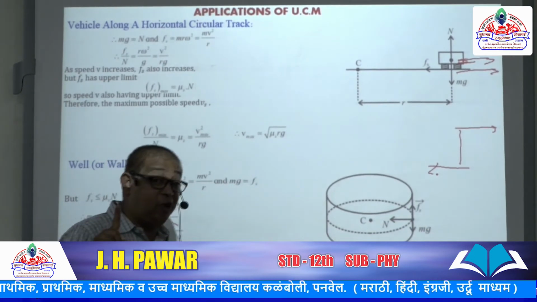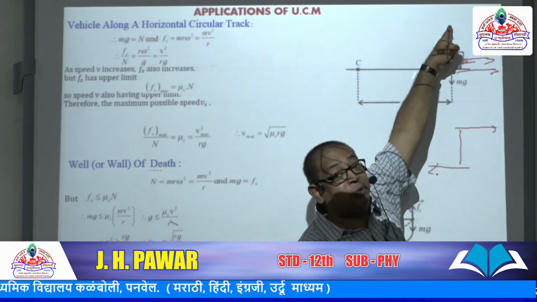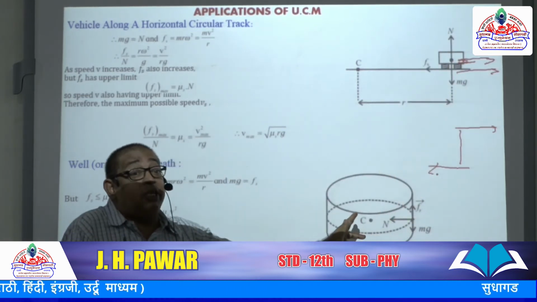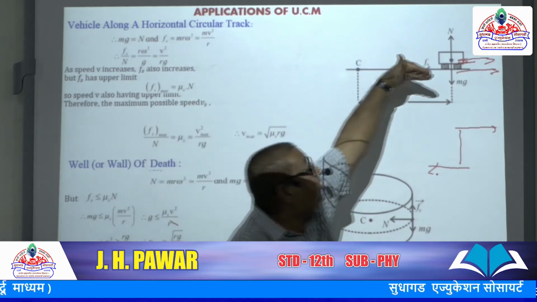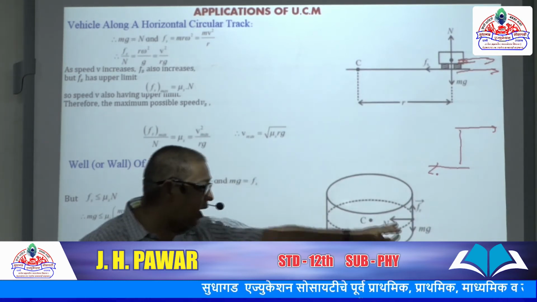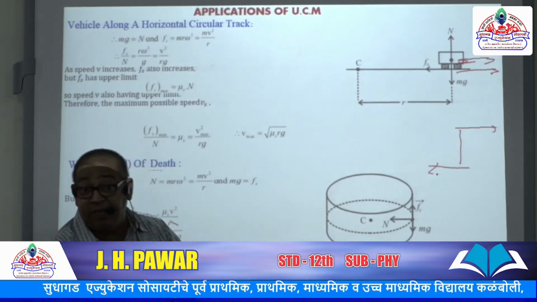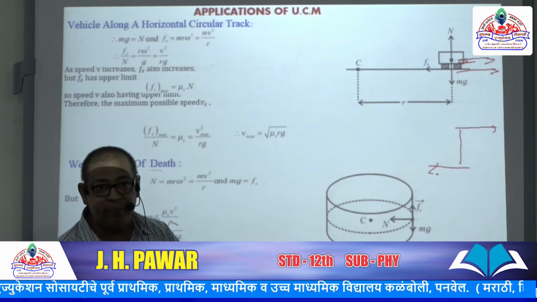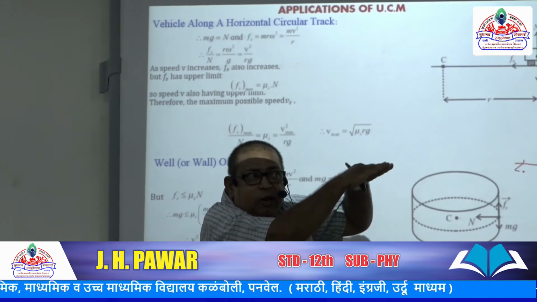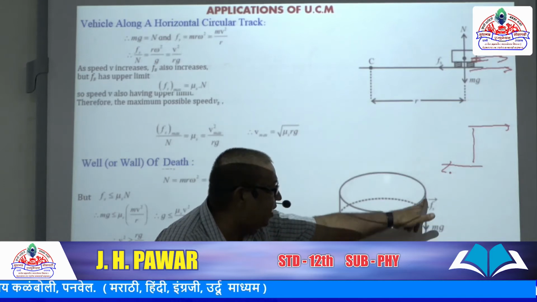And the force of reaction or normal reaction, interesting fact is that normal reaction is perpendicular to the surface. Earlier the surface was horizontal, so the normal reaction was vertically upwards. But in this case, the surface is vertical. That's why this normal reaction is acting toward the center of the circle and it is horizontal. And another thing is also there. So that this bicycle rider does not fall down or skid, a force of friction is acting vertically upwards.